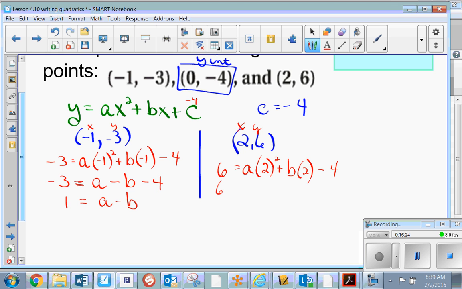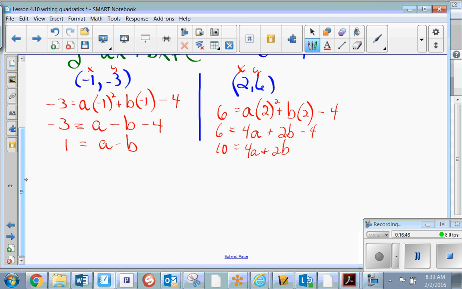So this is going to produce 4a, 2b, and I'm going to take that 4 across. So then look what I produced. I produced 2 equations with 2 unknowns. So I'm going to put that together into a system.